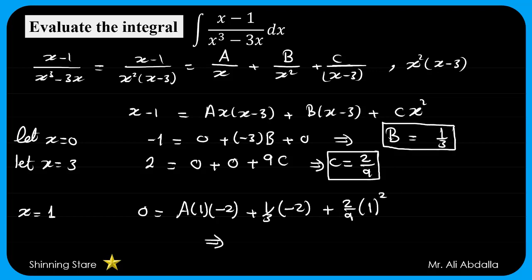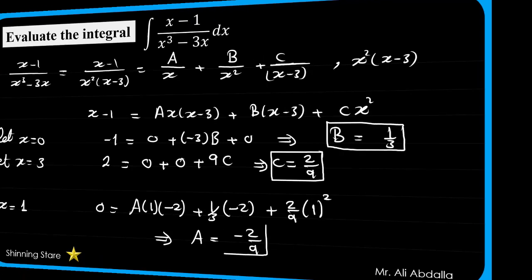Then we simplify this, and we get a equal negative 2 over 9.